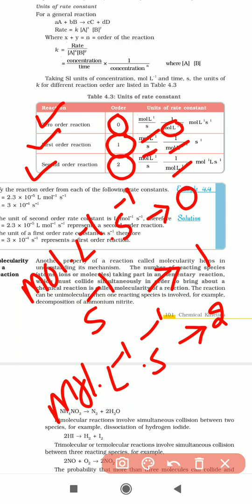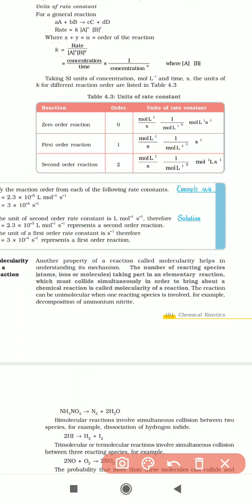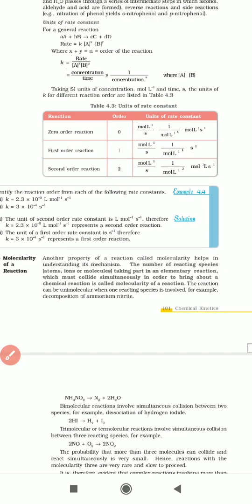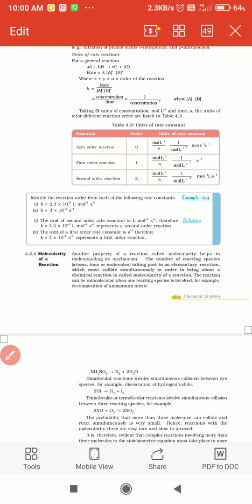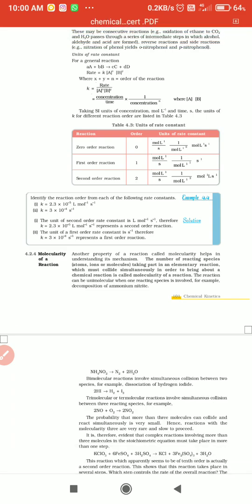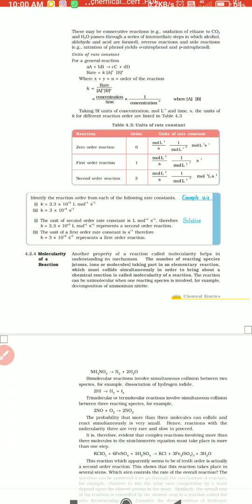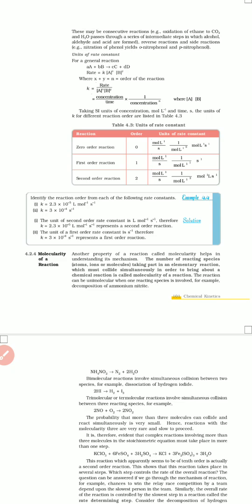This tabular column is very important and useful. Everyone must learn this tabular column, because problems will be based on it, and in objective type and competitive exams it is very important.